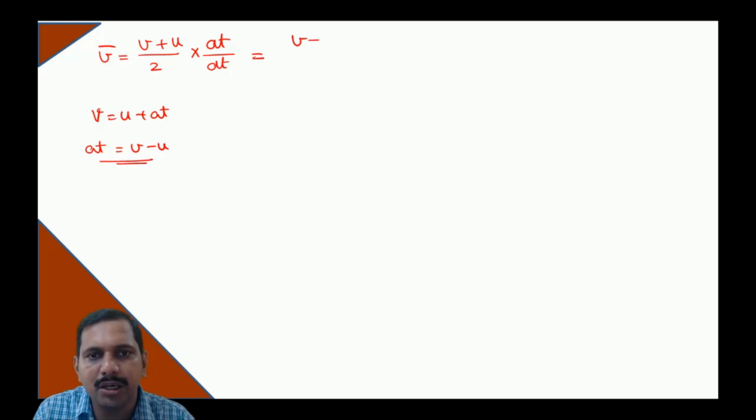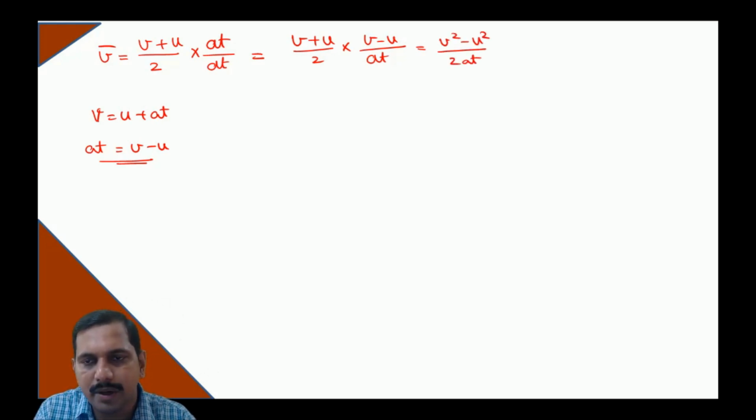We can write v plus u divided by 2, and instead of at, we could have written v minus u divided by at. So this comes as a plus b, a minus b, giving v square minus u square divided by 2at. So v bar can be written as v square minus v0 square divided by 2at. This is another way of solving the problem.